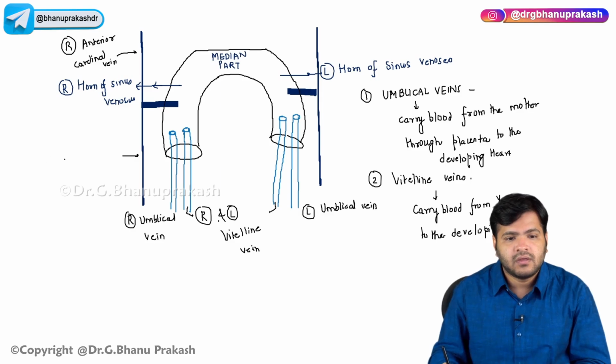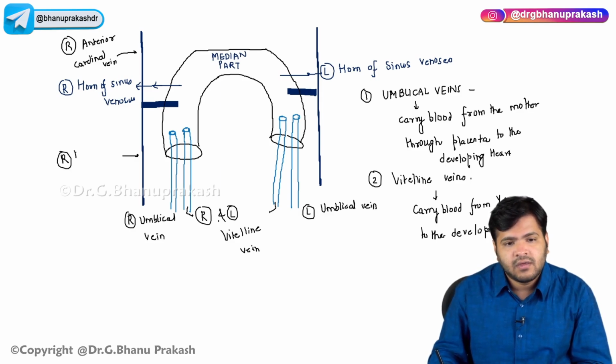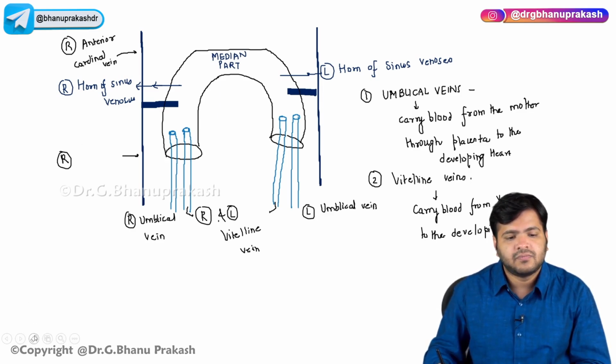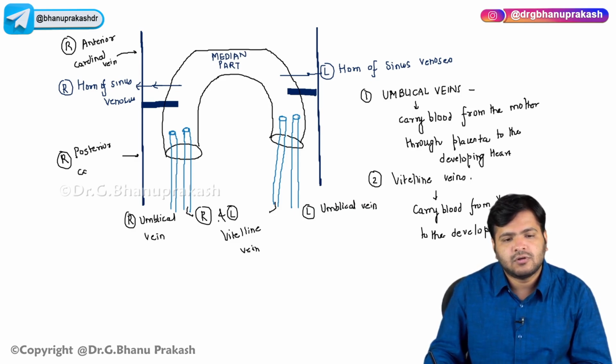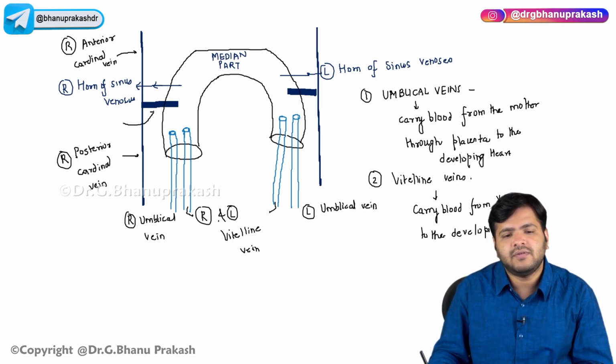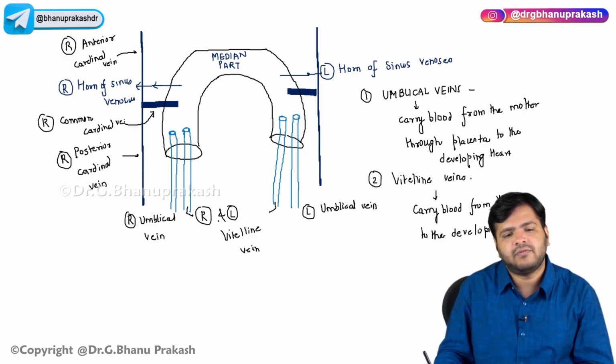This is the right posterior cardinal vein, and together they will form this vein, which is called the right common cardinal vein, right.